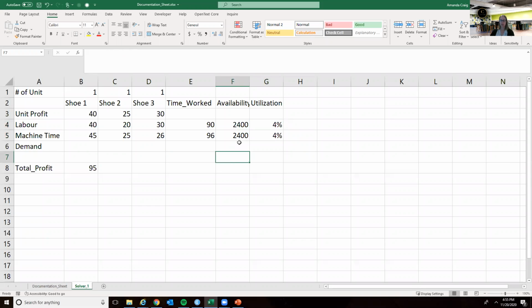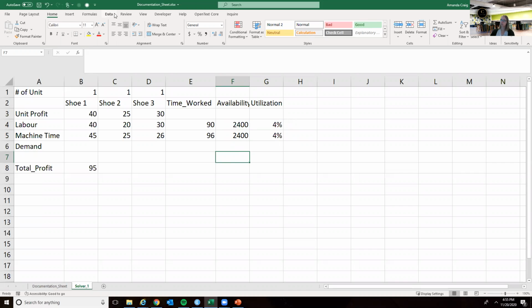Now it's time to use my Solver. So if you haven't already done so, you might need to install Solver in your Excel version. There is a video available on how to do this within week 11, so please make sure that you do this.